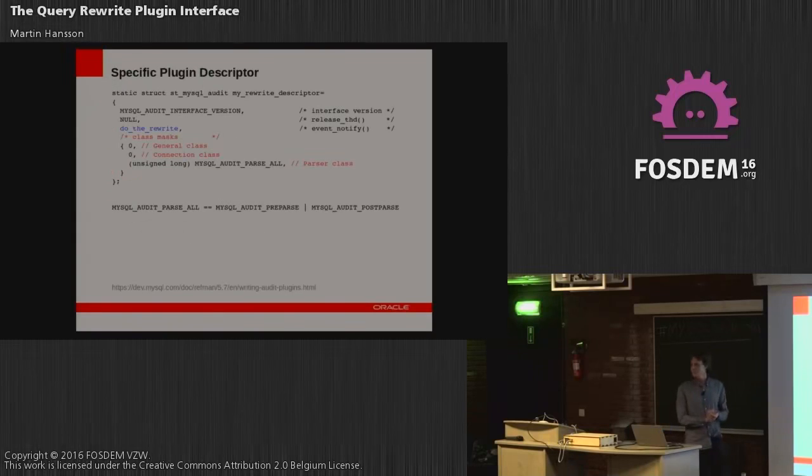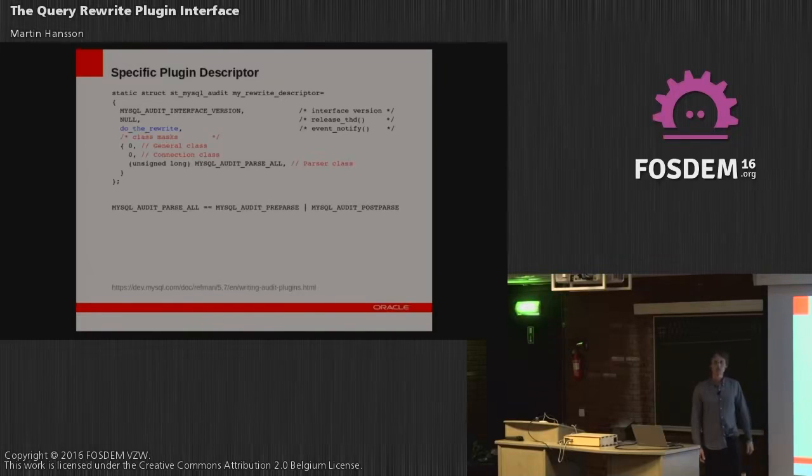Does it look familiar? I guess to those who saw Sveta's presentation, this is exactly the same. The convention for this is a specific plugin descriptor, which describes how you will handle the actual rewrite event. So the convention here is that you use the version of the plugin type, and in this case it's audit, so it's MySQL audit interface version.